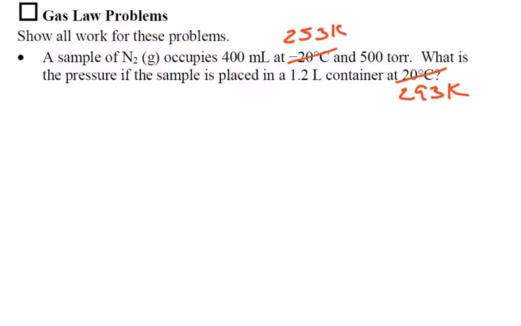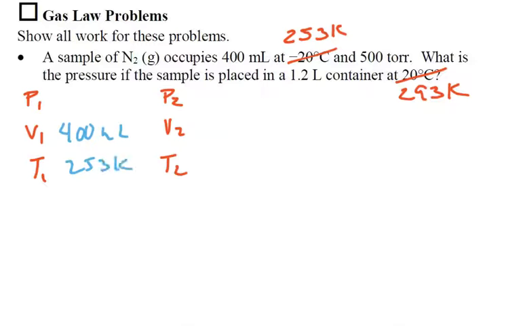Looking at my problem, I have a P1, V1, T1, P2, V2, and T2. A sample occupies 400 milliliters at 253 Kelvin and 500 torr.